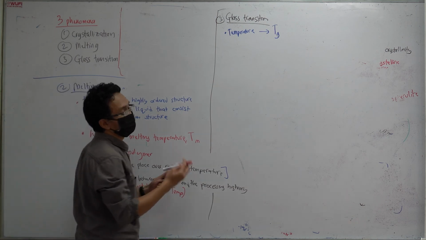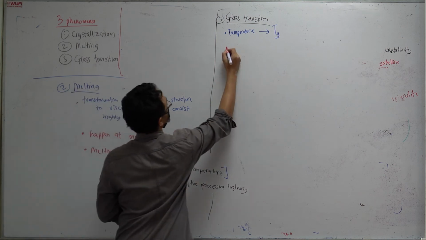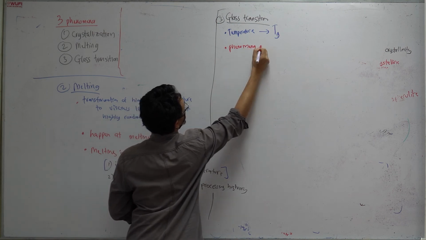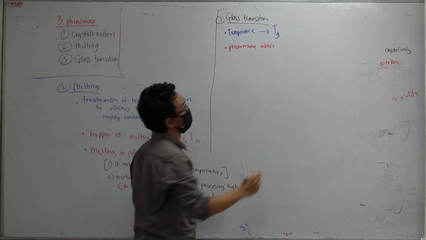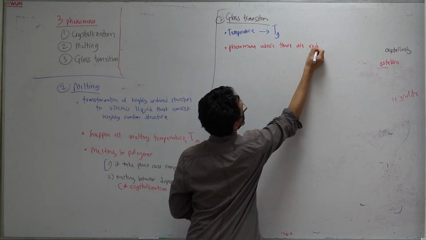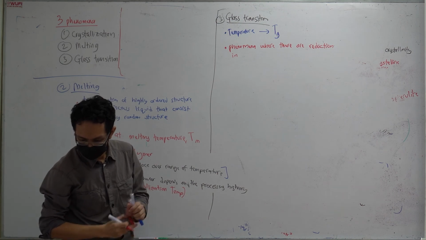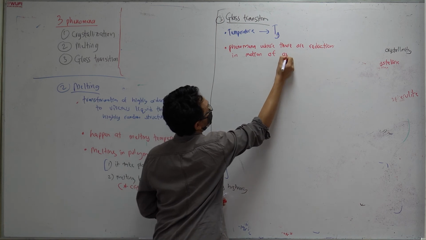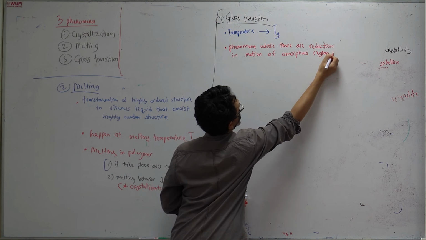Okay, what is glass transition phenomena? It's a phenomena where there is a reduction in mobility, in motion, of amorphous region in polymer.